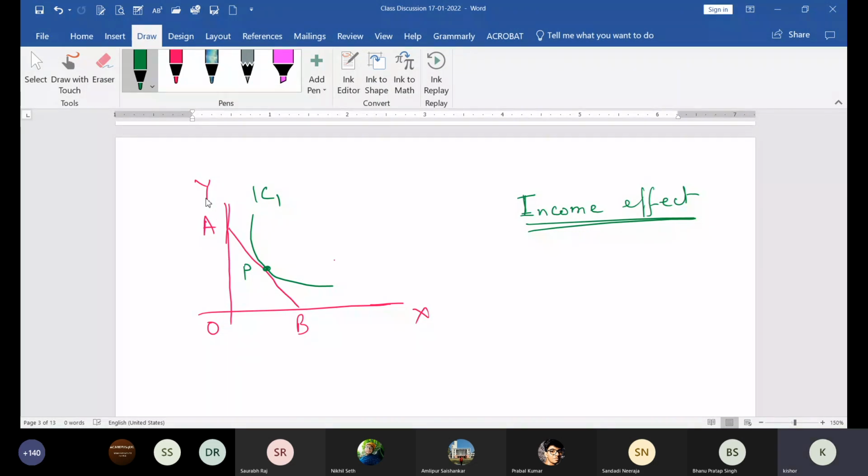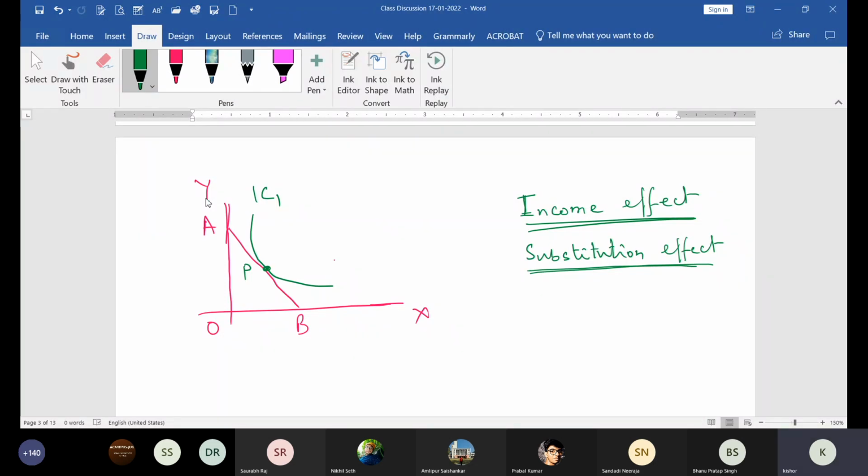Another is the substitution effect. Human beings have an inherent tendency of substituting a costlier item by a cheaper item. Please remember, this is important: if quality is more or less the same.